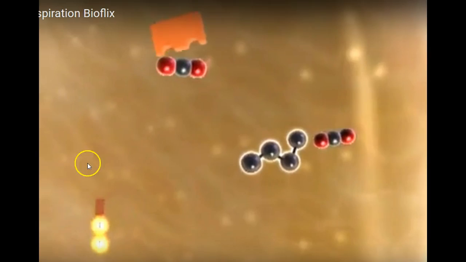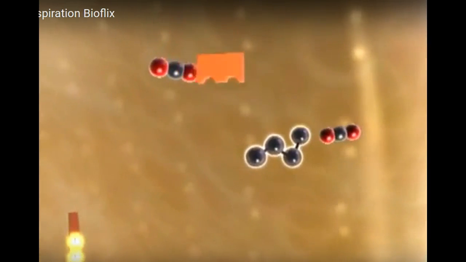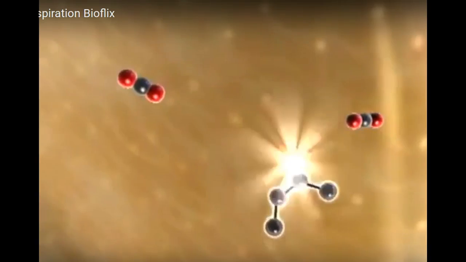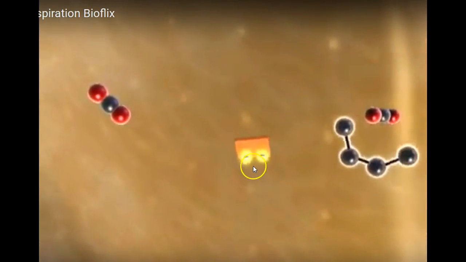This is where the choo-choo trains come into play. So let's watch them a little bit, because what we haven't talked about is this. As we know, glucose is C6H12O6. We can account for the carbons, we can account for the oxygens, we haven't even talked about the H's yet. This is an electron and proton carrier. They're called NAD and FAD.